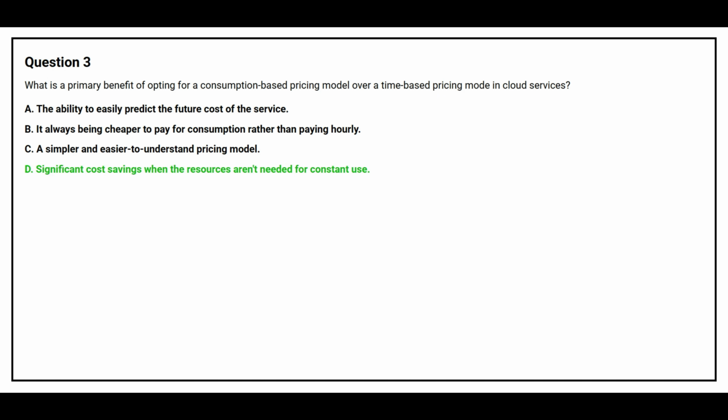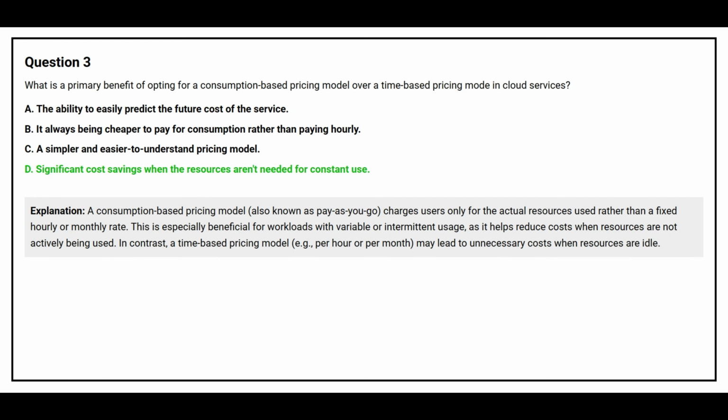The correct answer is option D. Significant cost savings when the resources aren't needed for constant use. A consumption-based pricing model, also known as pay-as-you-go, charges users only for the actual resources used rather than a fixed hourly or monthly rate.